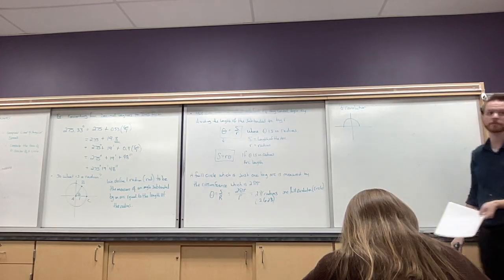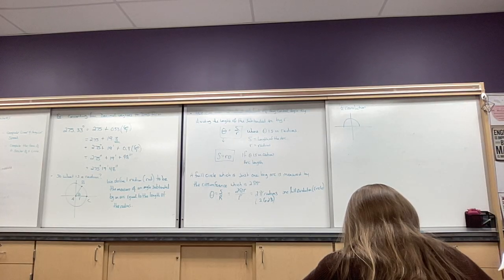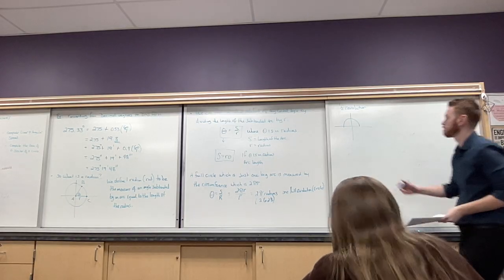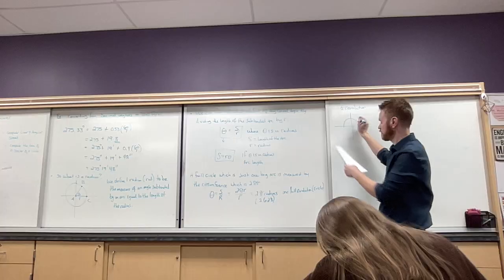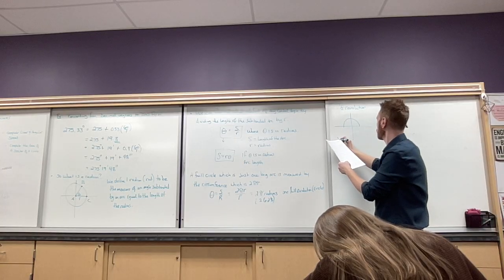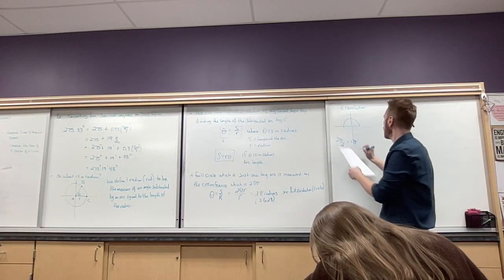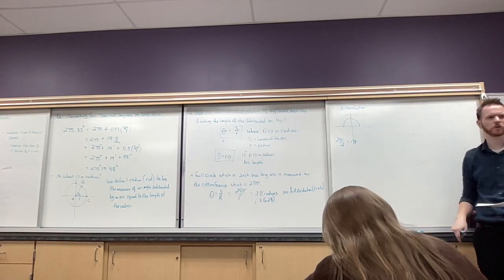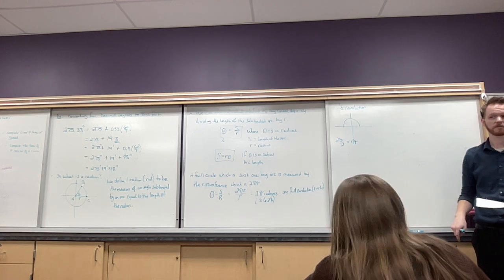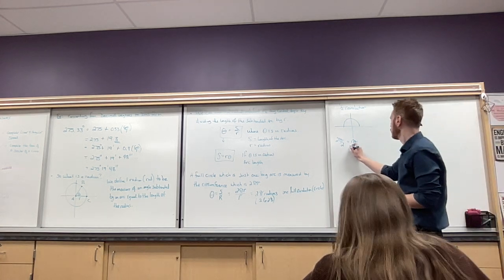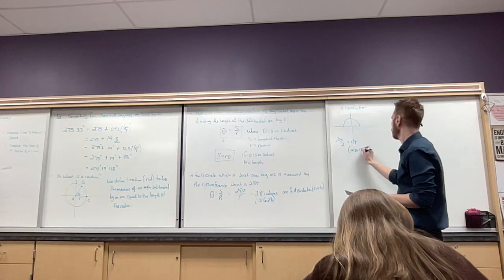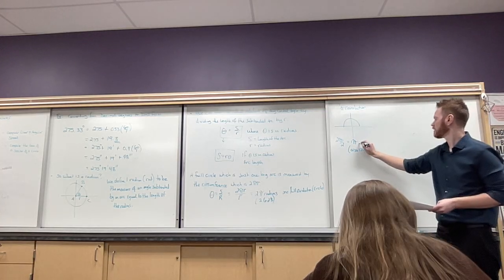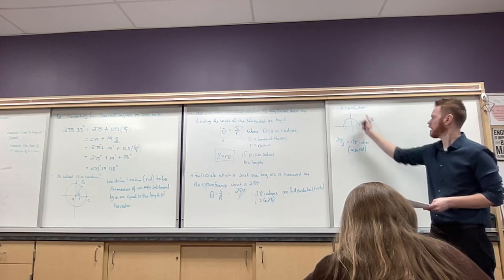If the full revolution is 2 pi, what would half a revolution be? Just pi, right? Half of it. So from here to here, we take our full revolution divided by 2, we get pi. So this whole thing is pi radians. What would that be as a degree measurement, do you think? 180, right? So that's 180 degrees. So there's pi radians of a semicircle.